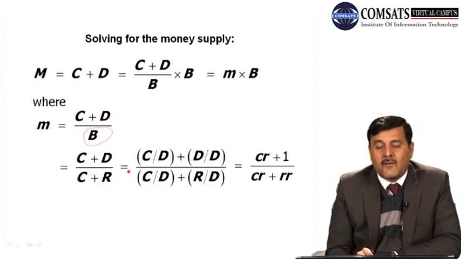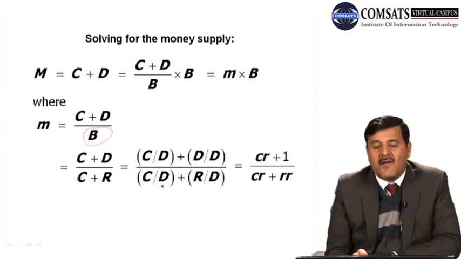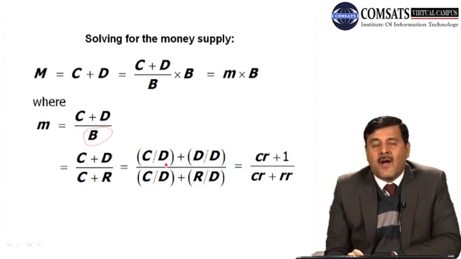Now this will be equal to, if we divide the numerator and denominator by D, so what we get? C over D plus D over D, C over D plus R over D. So this will be equal to, as we know that C over D is currency deposit ratio, CR, plus D over D is 1, C over D, CR, plus R over D is reserve deposit ratio, RR.